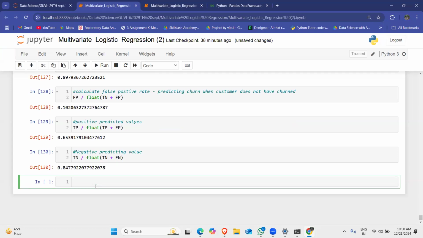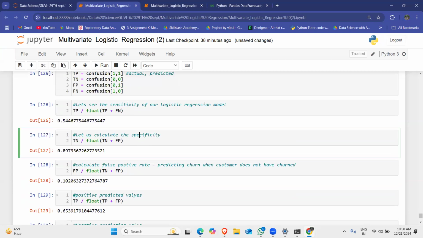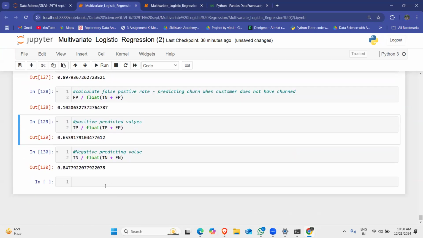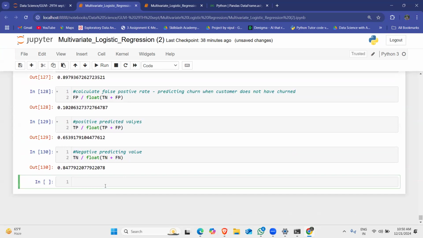Now it's time to plot the ROC curve. We will also see this ROC curve and I will discuss what is specificity, what is sensitivity, what is true positive rate, and what is false positive rate. But let us first plot the ROC curve. So I'll put a heading as step number 9 or whatever it may be.